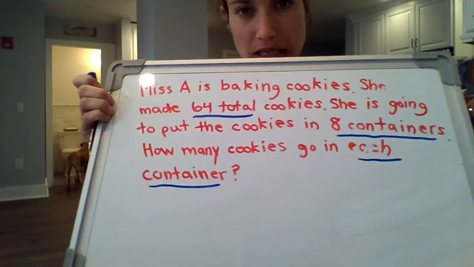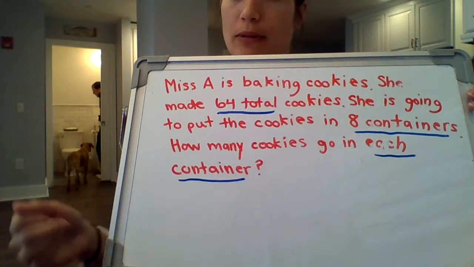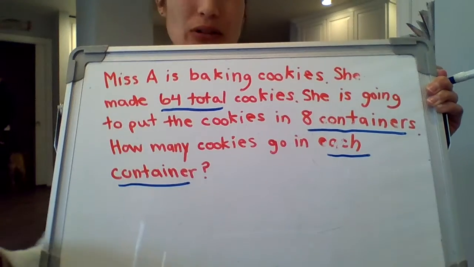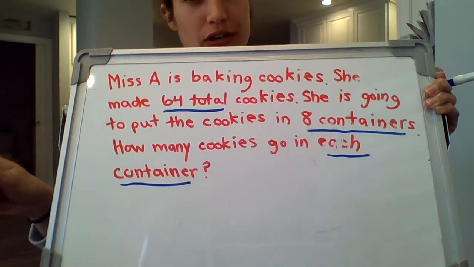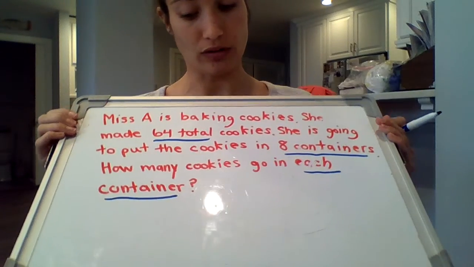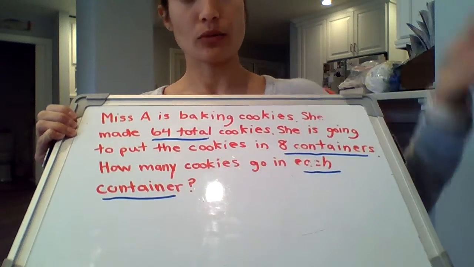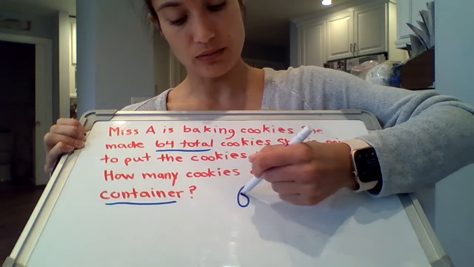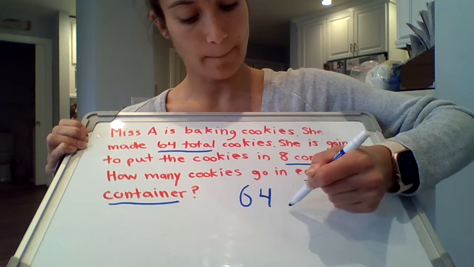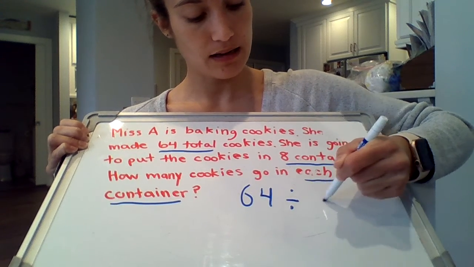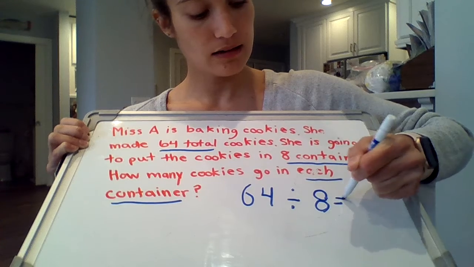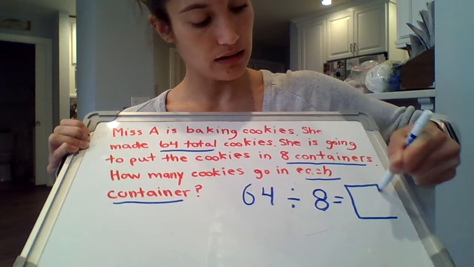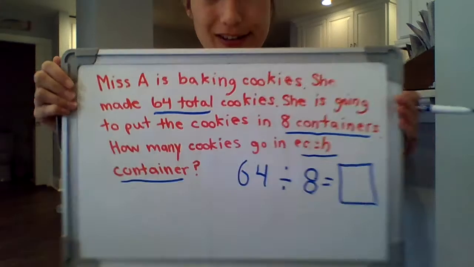Ooh, the keyword each usually tells me I'm either multiplying or dividing. Now, I know I'm not multiplying these numbers, because I already have my total, right? So I'm going to be dividing. So our division sentence would be 64 divided by 8. And it's your job to tell me and figure out what it equals.